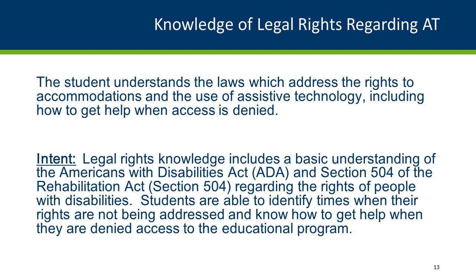So in this indicator, we hope that the student understands the laws which address their rights to accommodation and their rights to assistive technology, including how to get help when access is denied, including how to maybe do some sort of an appeal process.